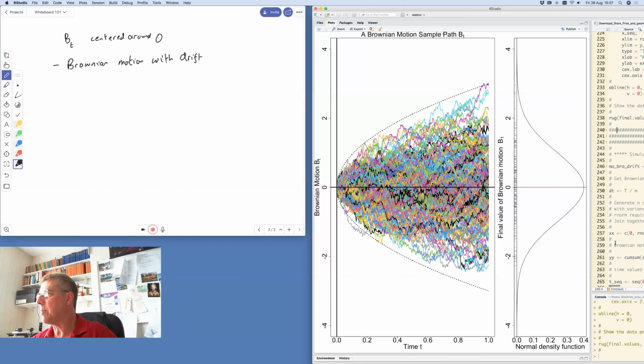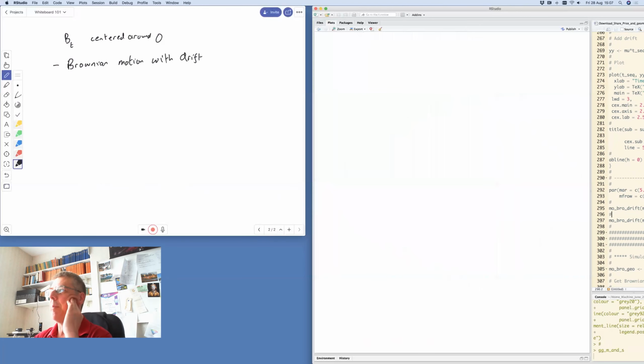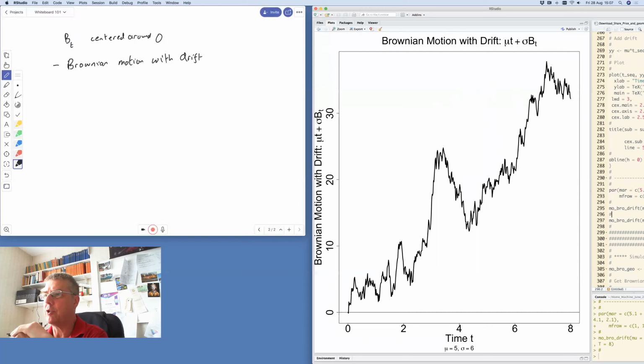So I just go back to my code and I run it in the hope that we will see Brownian motion with drift. And indeed, there's an example of a Brownian motion with drift. And what's happening is we still have a wiggle, but this time there's an underlying increase in the process. And the way Brownian motion with drift is defined is as follows. We think about a straight line.